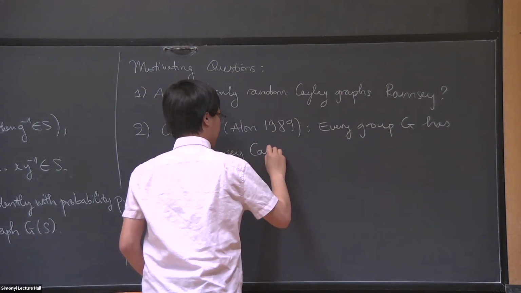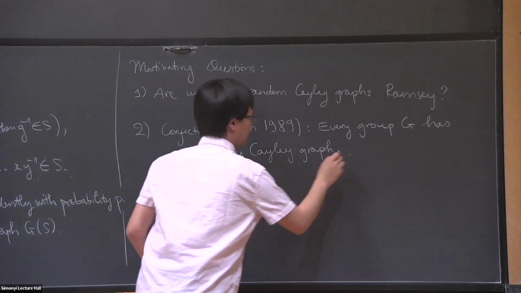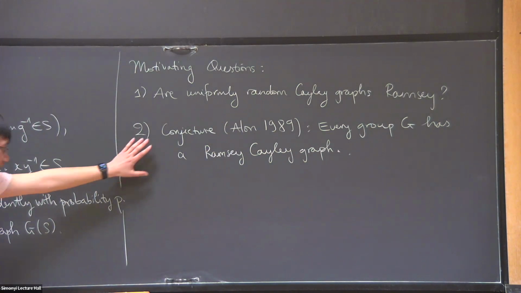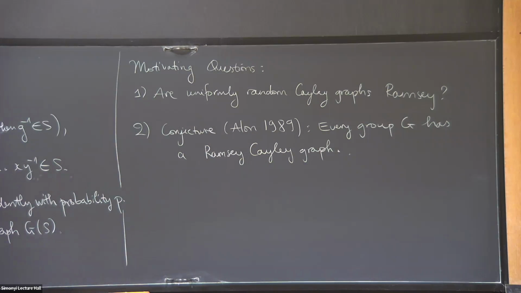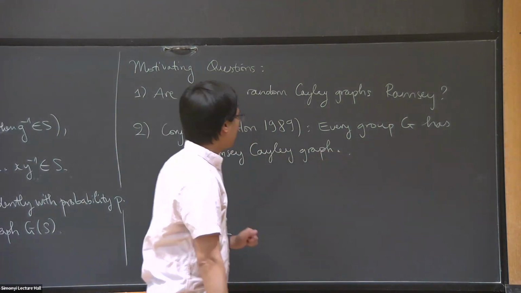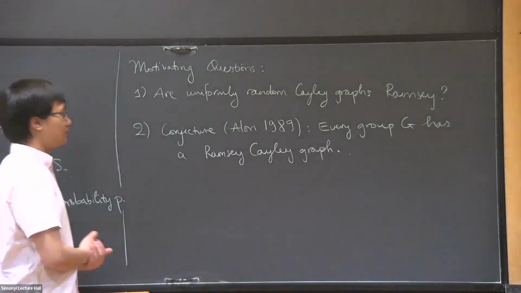So this is just an existence question, and he conjectures that there must exist one. More precisely, this means there is some universal constant C, so that over an arbitrary finite group G, we can find a Cayley graph of that group G which is also C-Ramsey.